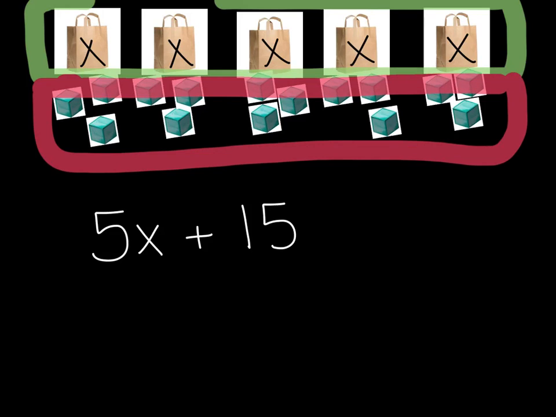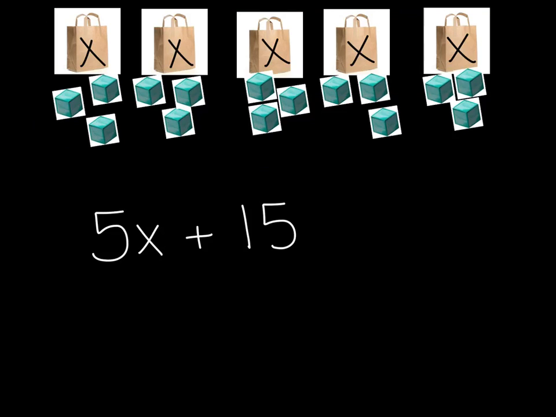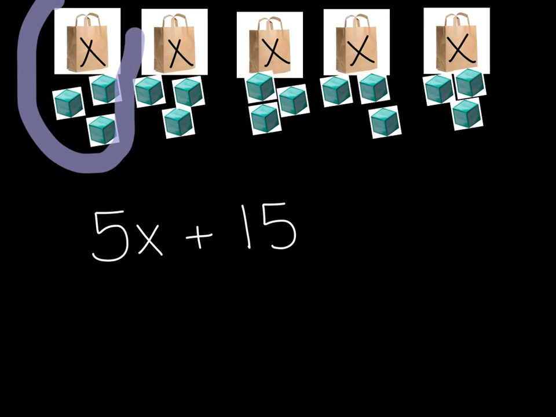But if we wanted to think about this problem differently and use our distributive property notation, I would end up thinking about it like this. So I'm going to take away those highlighted marks, and now we're going to look at this in a different way where we say, how can I think about one bag and those extra blocks?